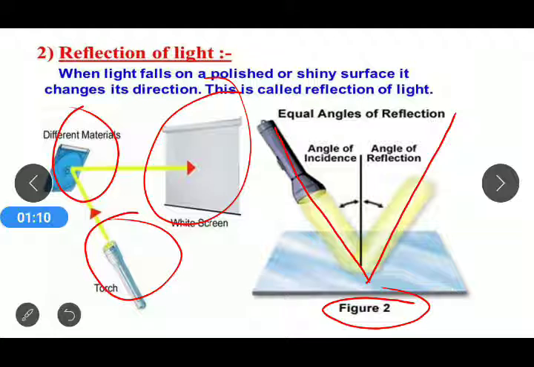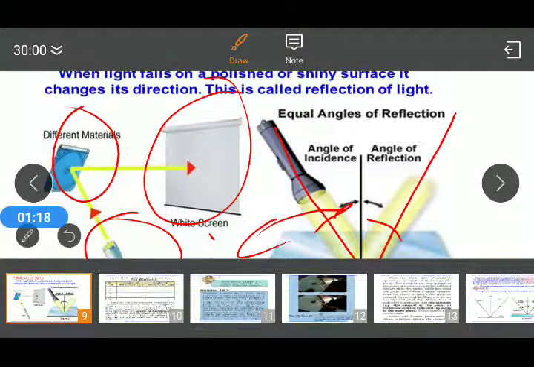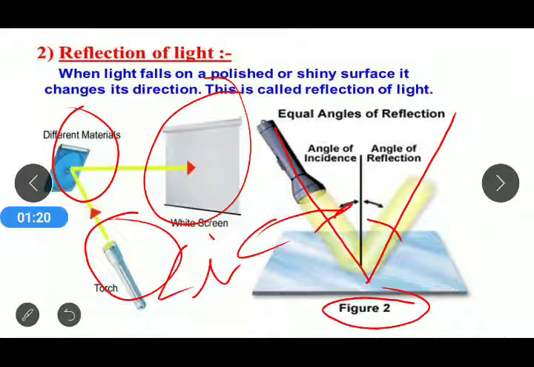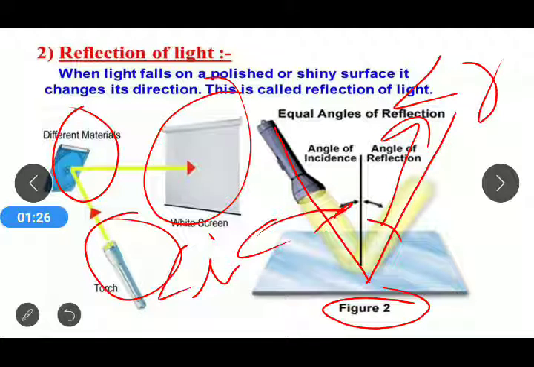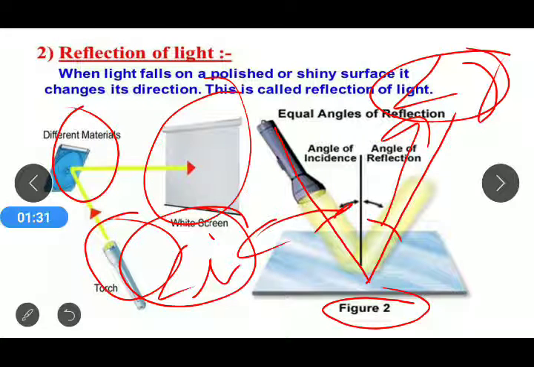This angle is called the angle of incidence, represented by angle I, and this angle is called the angle of reflection, represented by angle R. So what does the first law of reflection suggest to us? The first law of reflection suggests that the angle of incidence is equal to the angle of reflection.